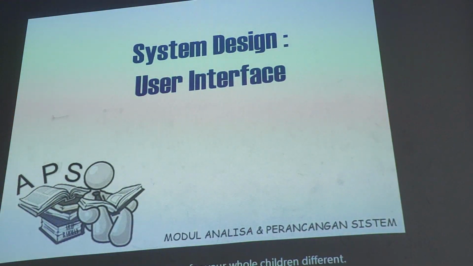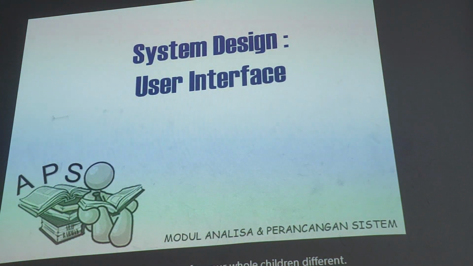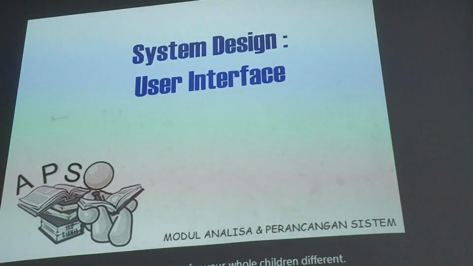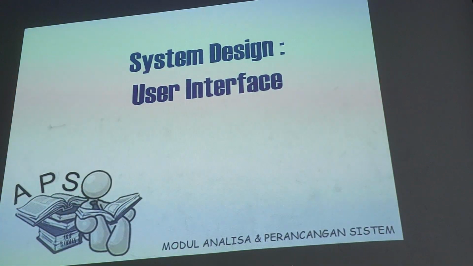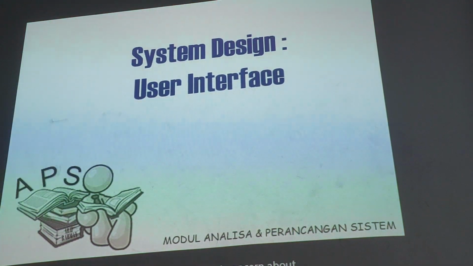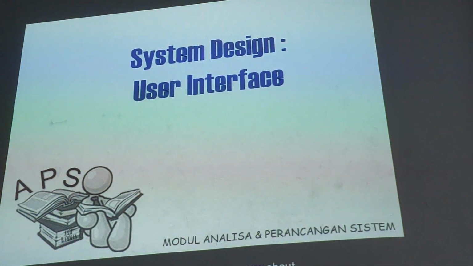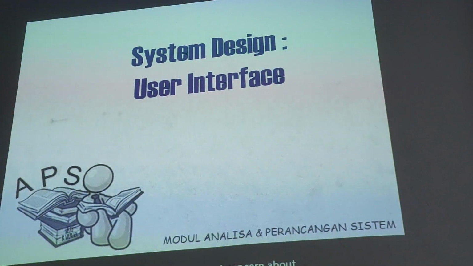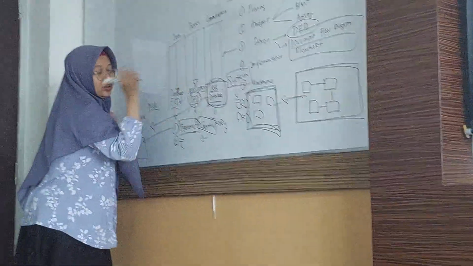Besides that, you must be concerned about the economy, and color is important to make an impression in the user interface.